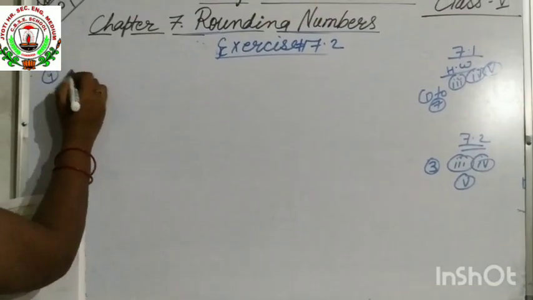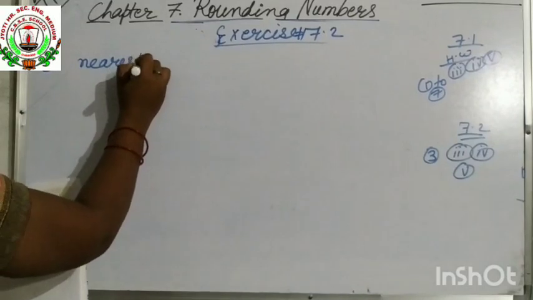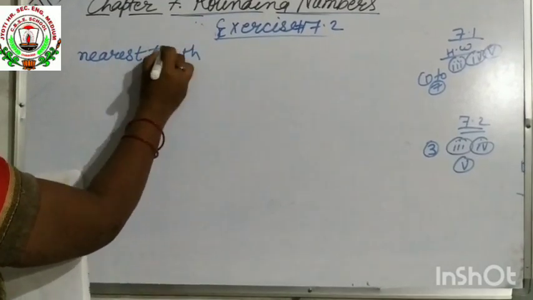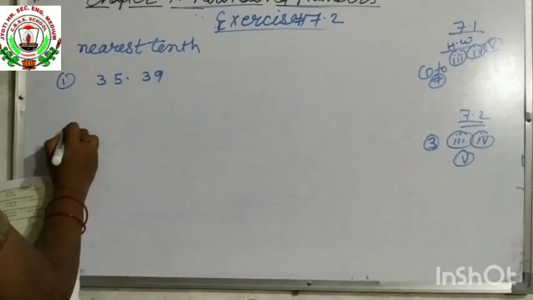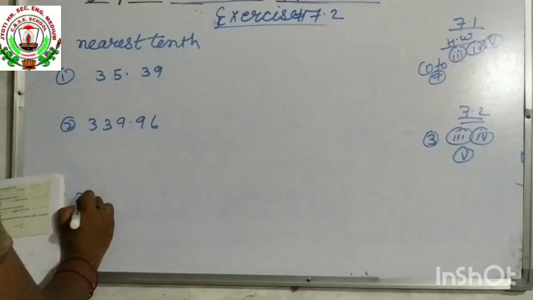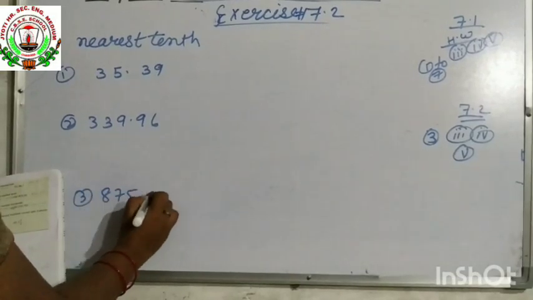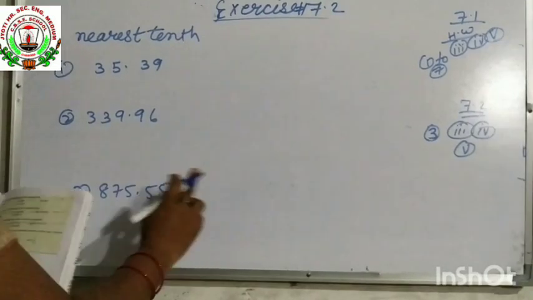In question number 4, round up each to the nearest tenth. Number 1 is 35.39. Number 2 is 339.96. Number 3 is 875.55. Number 3 I did.